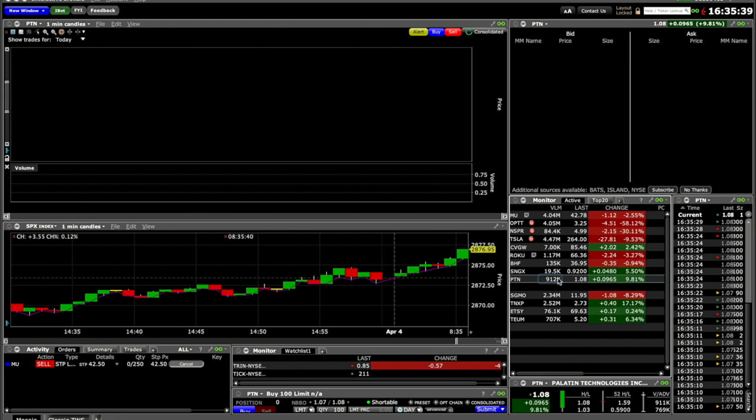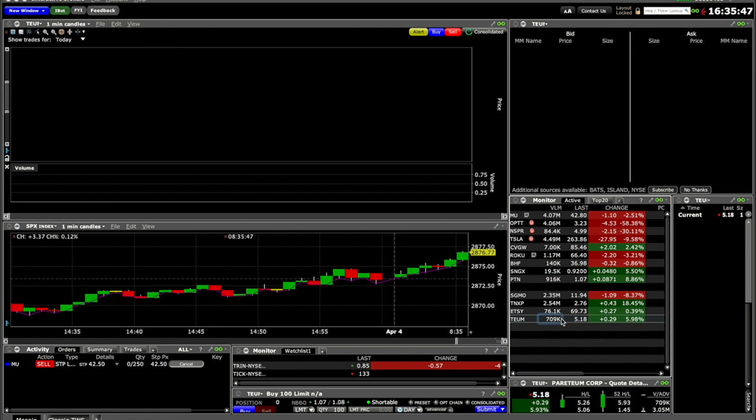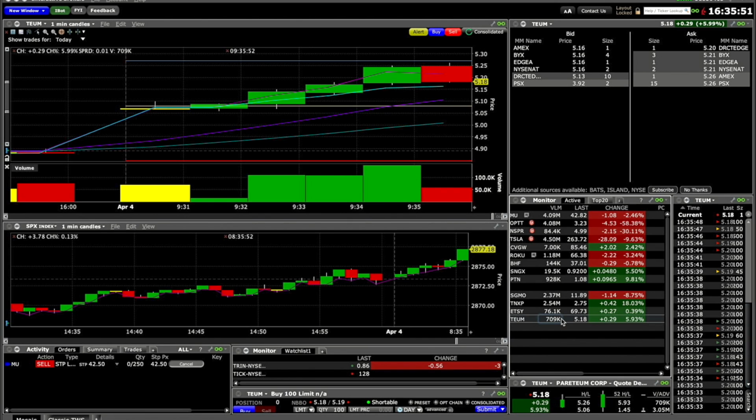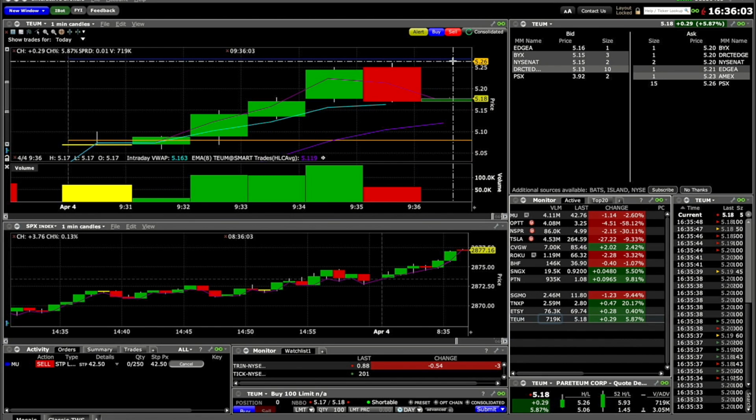Okay. The PTN was suggested by one of the traders in my group. Again, penny stock. I just want to see what's going on there. Because it's got such a huge volume, if I see a good pattern, I will enter. But I don't appreciate it too much.